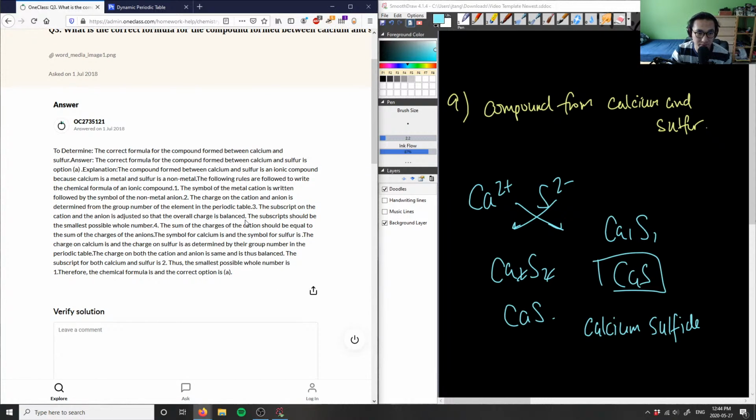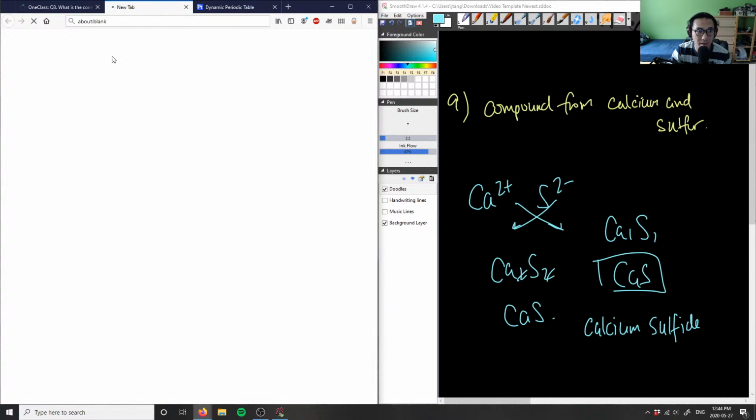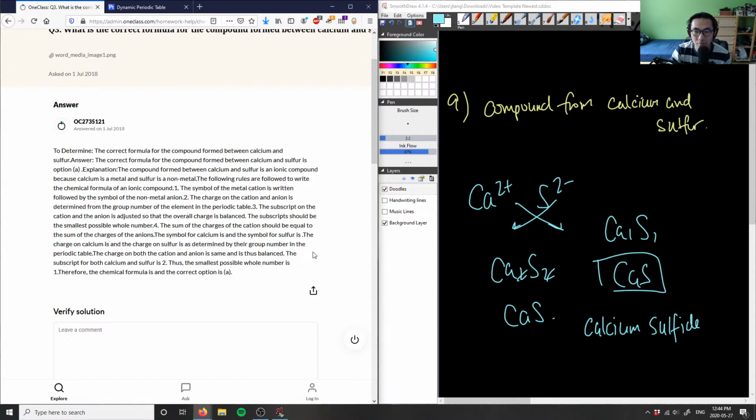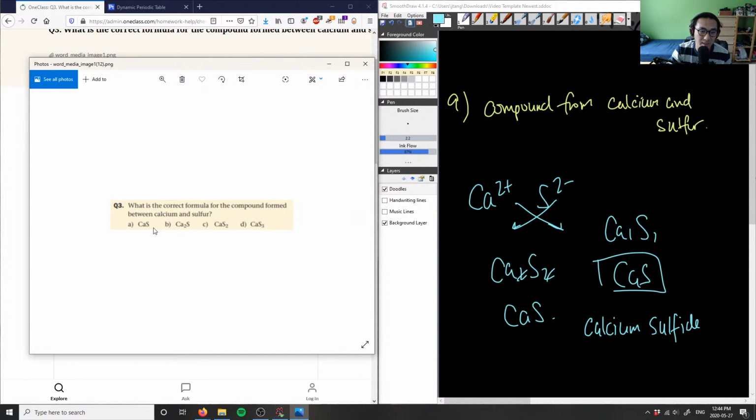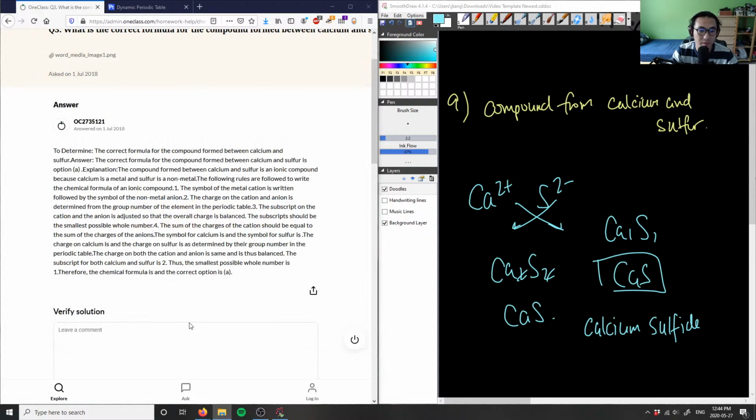I believe it was multiple choice, and it says the correct option is A. So let me download this and figure out whether or not this solution here is correct. So it's CaS here, which is the correct solution. So this here is A. So indeed, the solution here is correct.